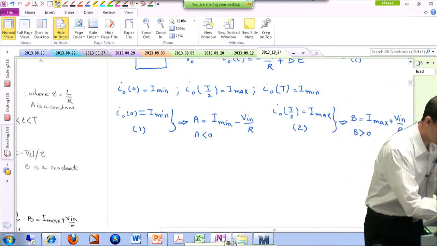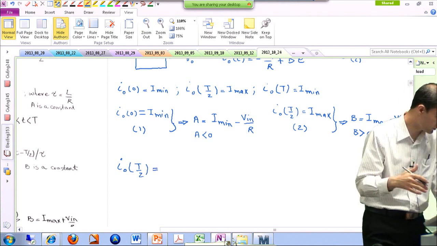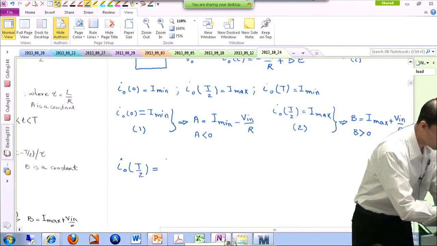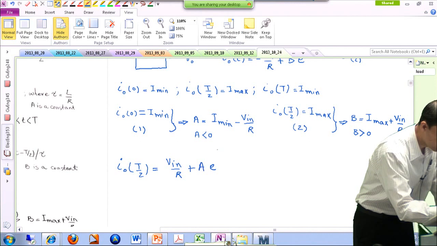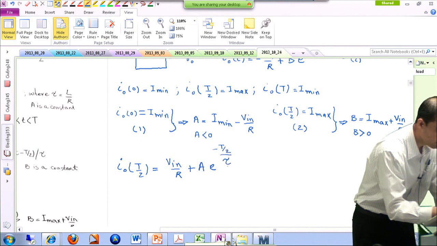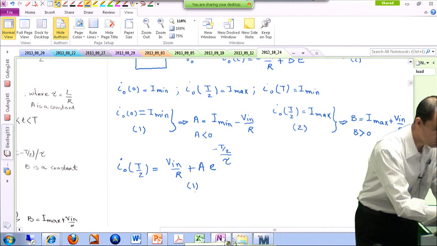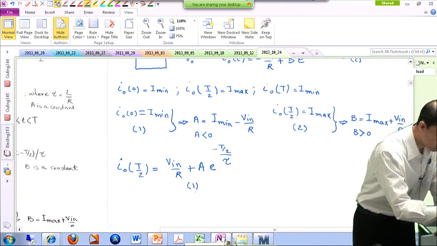So if you look at the output current at T over 2, you can either use the first mode equation, which is equation number 1, and conclude that V over R plus A e to the power of negative T over 2 over tau. This is if you use equation number 1. Or at the same time, you can use equation number 2 and claim that they are basically the same thing.